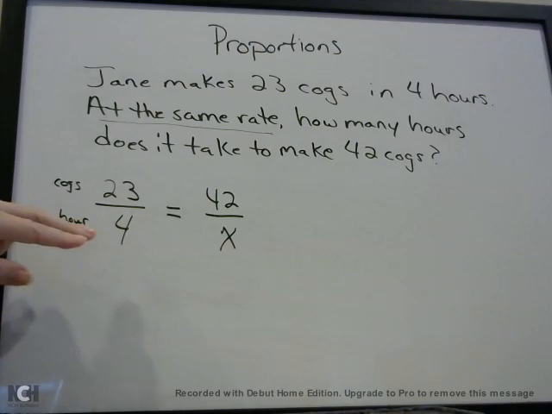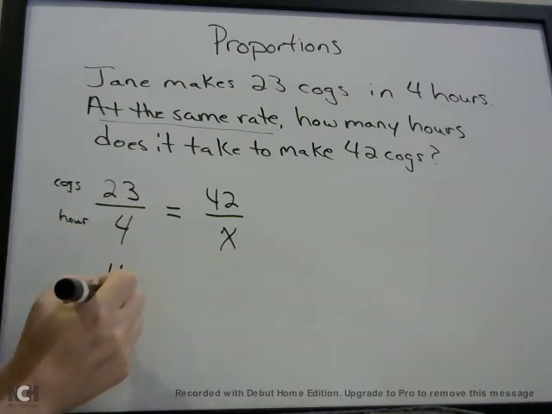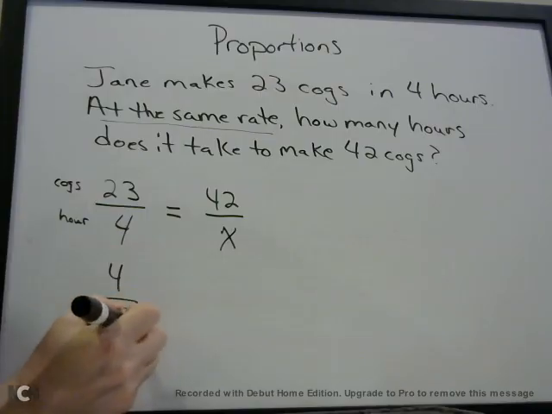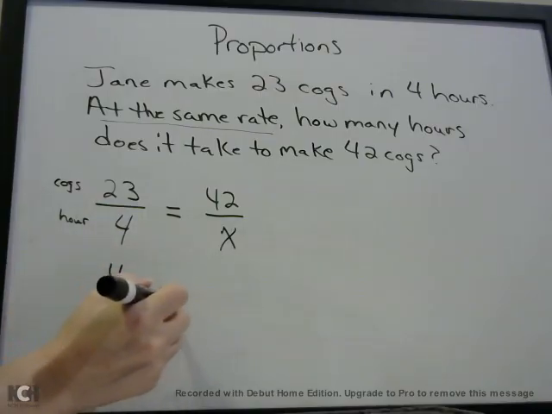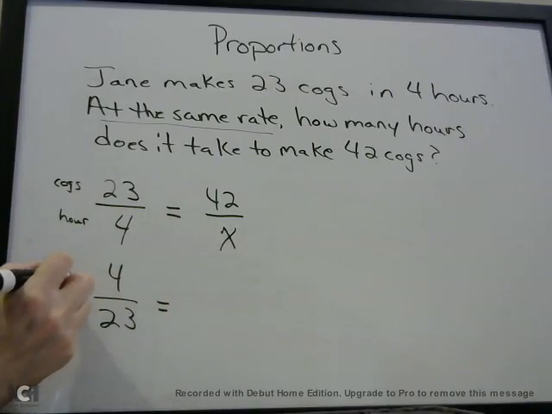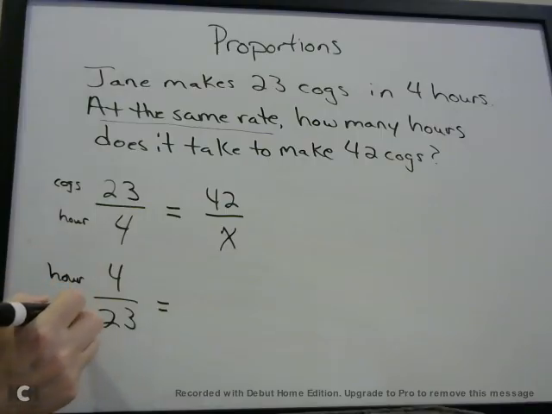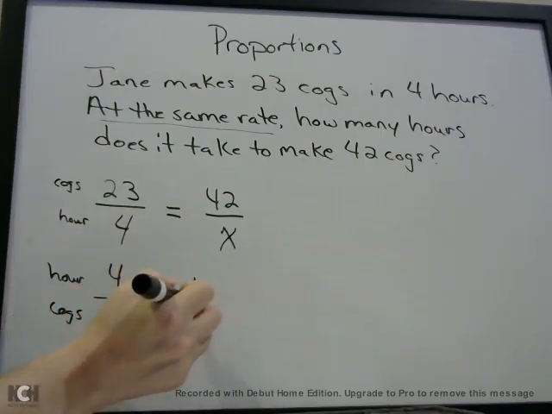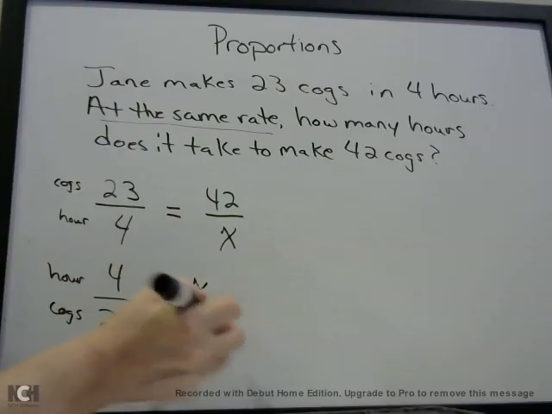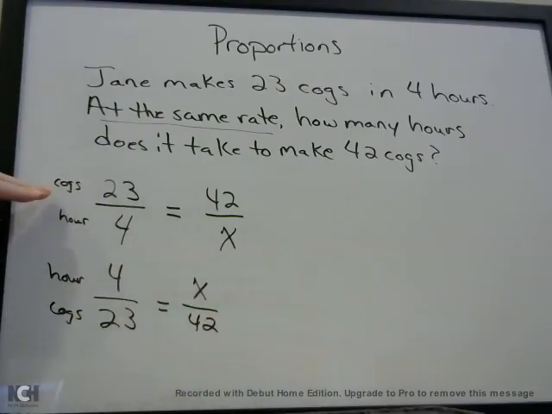So again, as I said, it doesn't matter which one you put on top and which one you put on bottom. If we said 4 over 23, then when we do this, we have to write it x over 42. It doesn't matter if we set the problem up like this or we set the problem up like this, we're going to get the same answer.